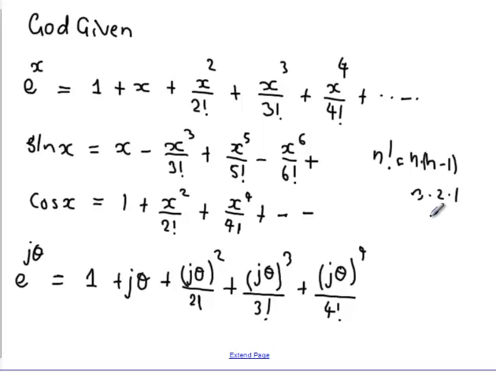What is then 5 factorial? It is 5 multiplied by 4, multiplied by 3, multiplied by 2, multiplied by 1. That is what we call n factorial.